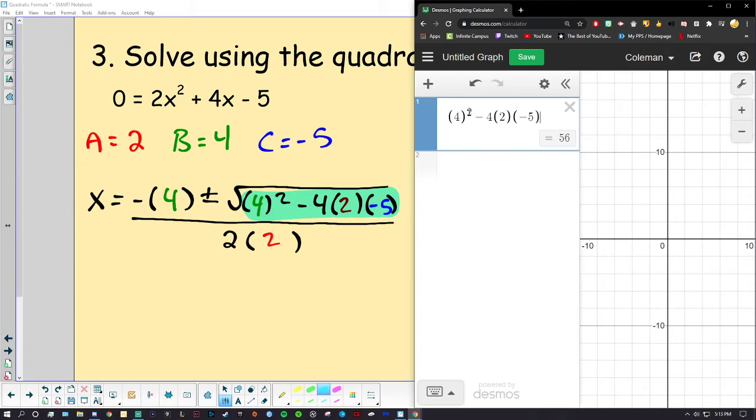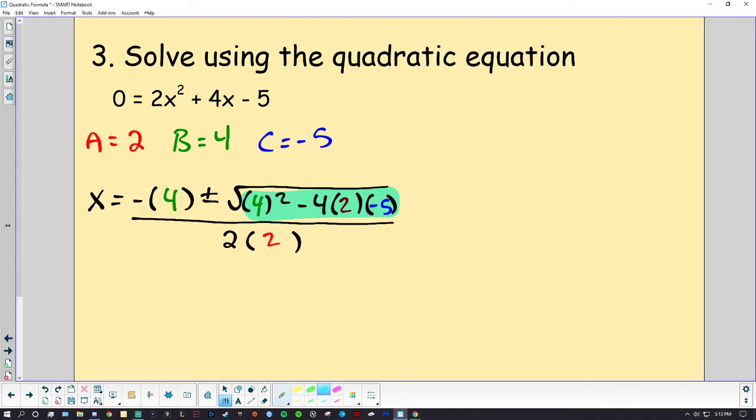Is that what you got when you plugged it into Desmos? 56? So, let's write it out. We have x equals negative 4 plus or minus the square root of 56, all over 2 times 2, which is 4. Now it's time to simplify our square root.